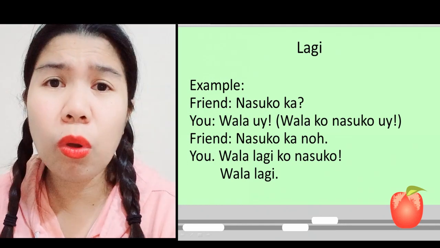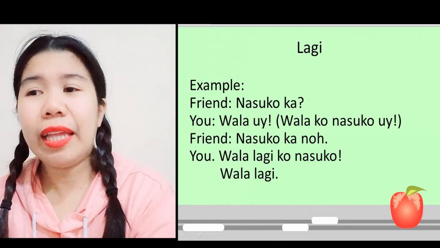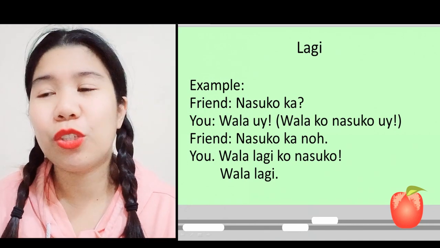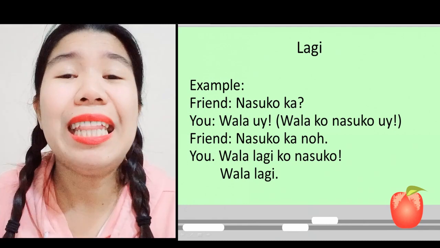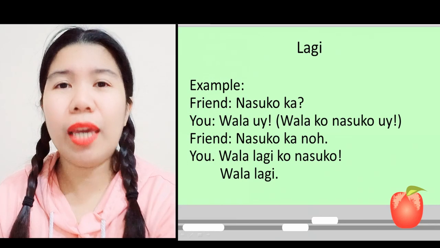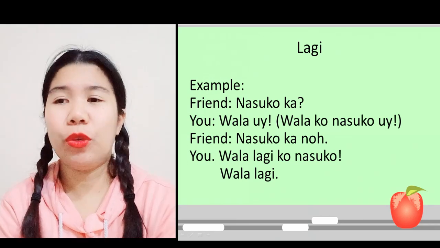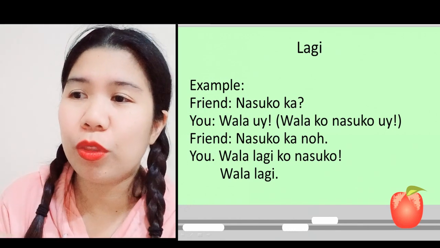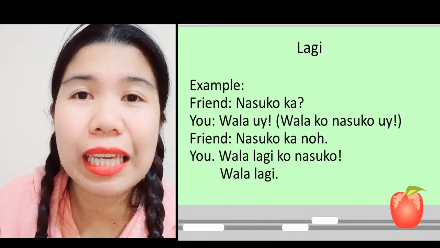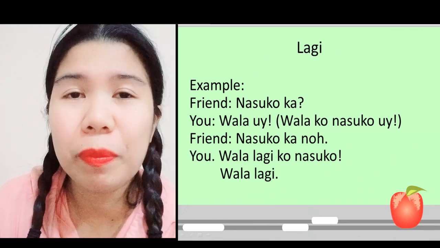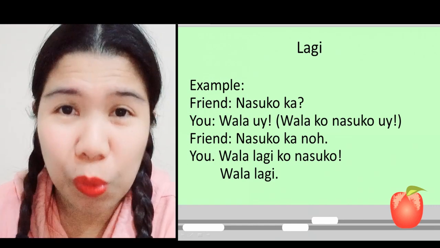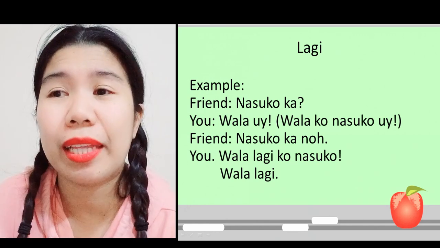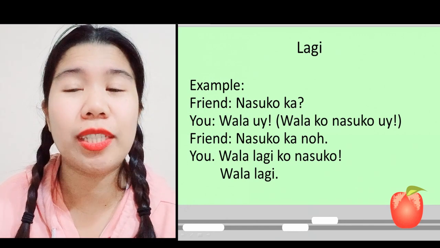And then you really want to assure your friend that you are not angry, so you could say, "Wala lagi ko nasuko." Or you could simply say, "Wala lagi." If you notice, on your first reply, lagi is not there. But on the second reply, you said, "Wala lagi ko nasuko."